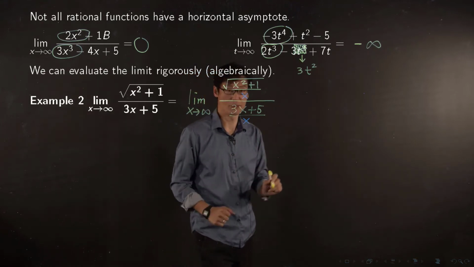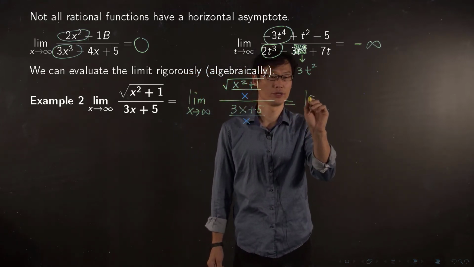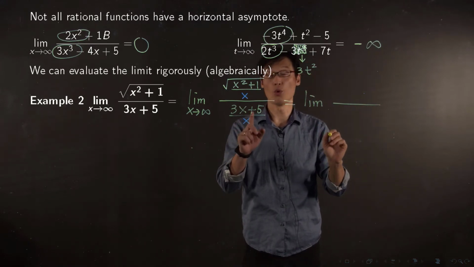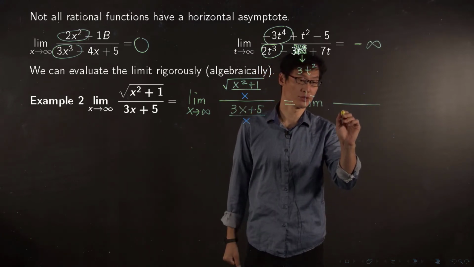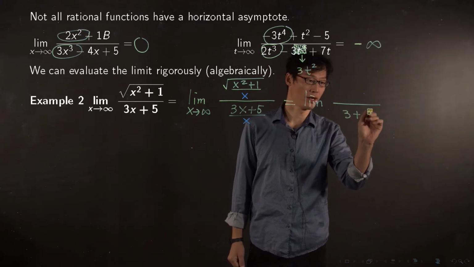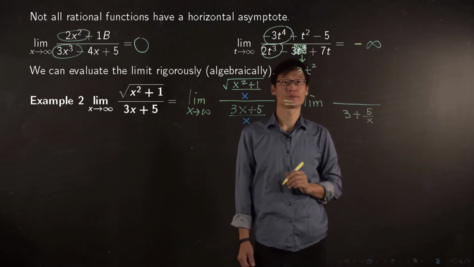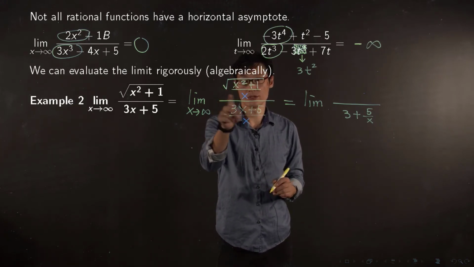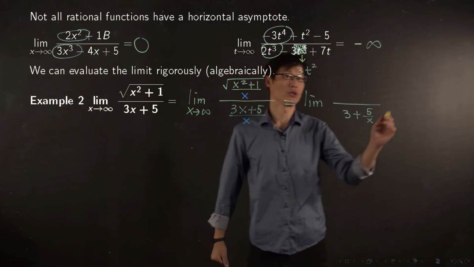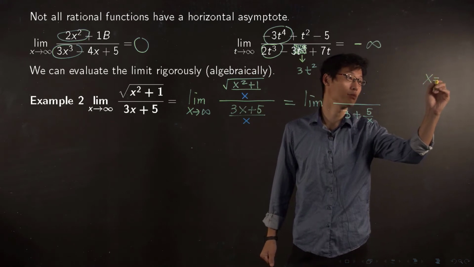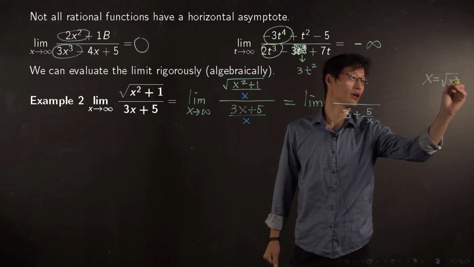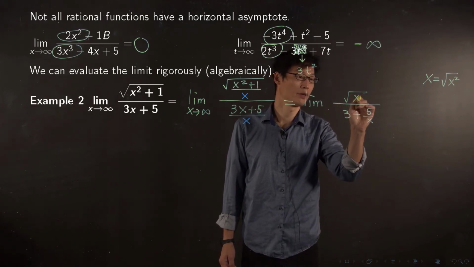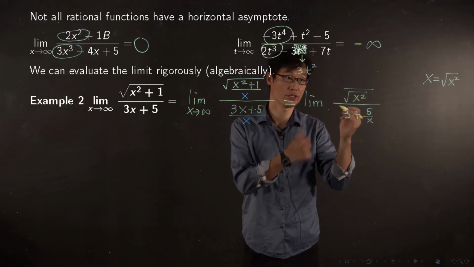This denominator is quite straightforward. We have 3x over x, which is 3, and then 5 over x. To take care of this numerator, we need to replace x by the square root of x squared. Then we have x squared inside the radical.